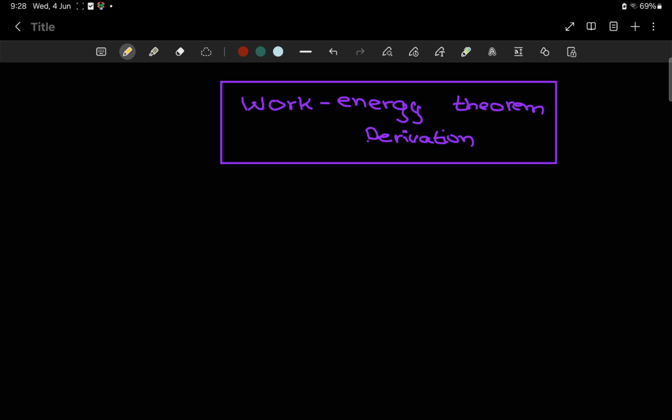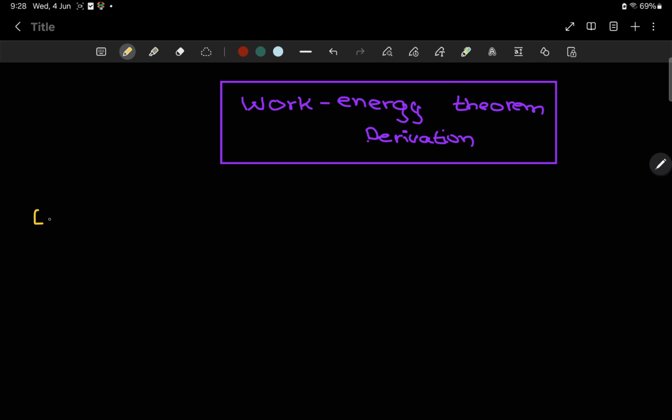So first we have to assume certain constants like acceleration, force, mass, initial velocity and final velocity. We have to represent these with variables, right?